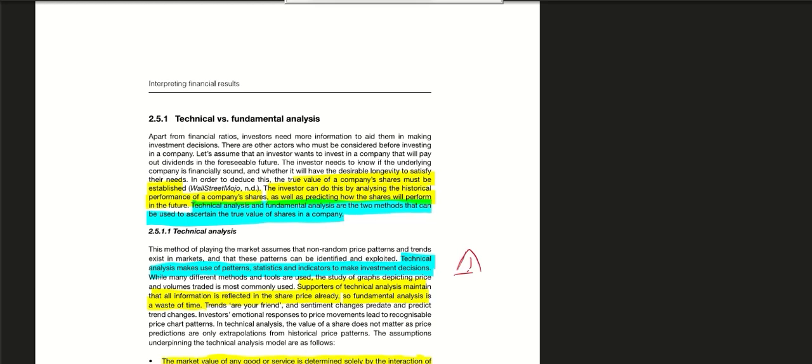They will analyze past data or performance of a company's share. They are looking at that and using it to predict how the share is going to perform in future. So they are looking at past trends and how it can inform the future, right?